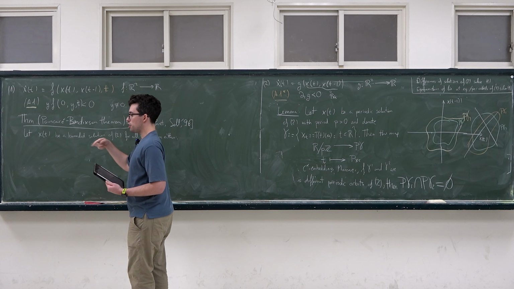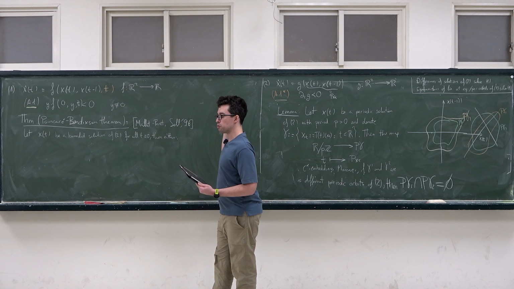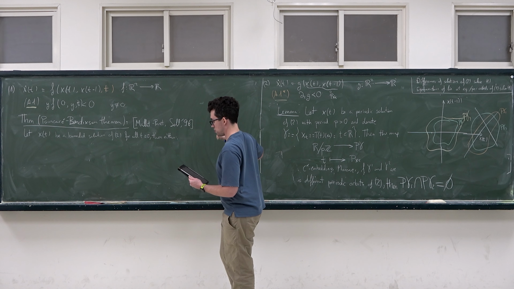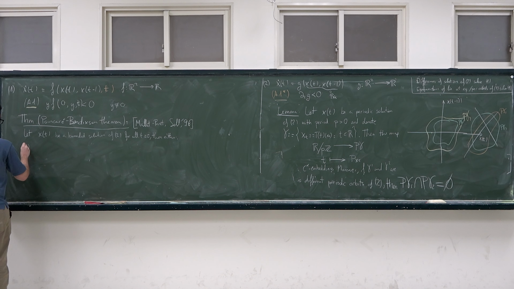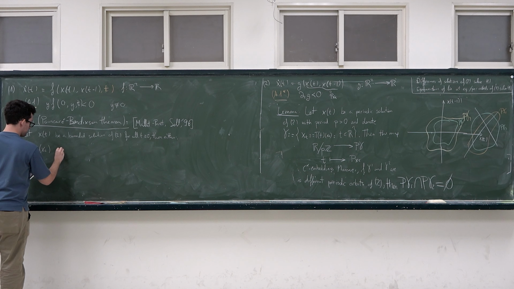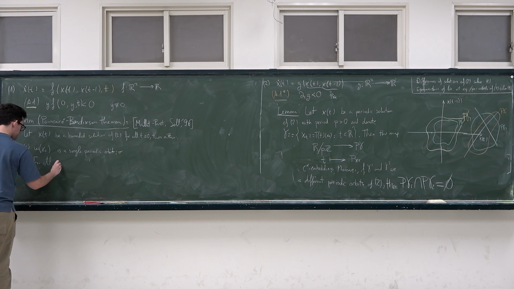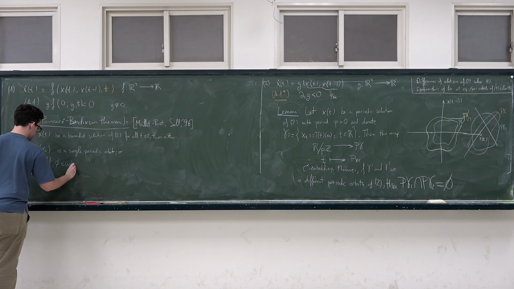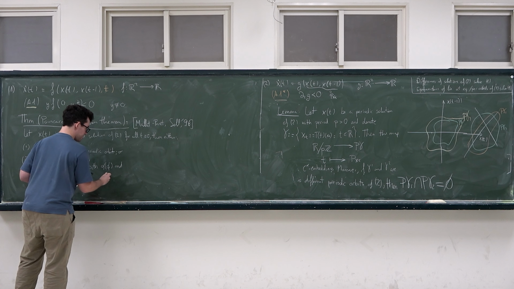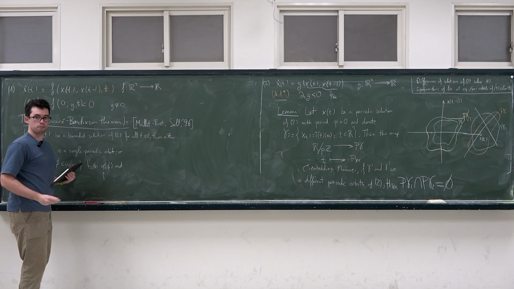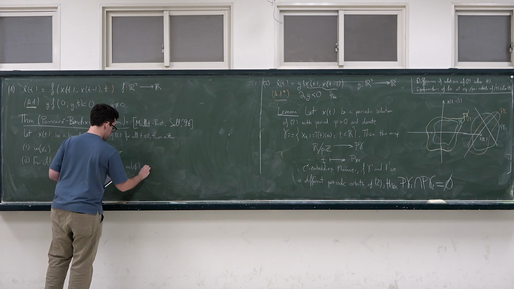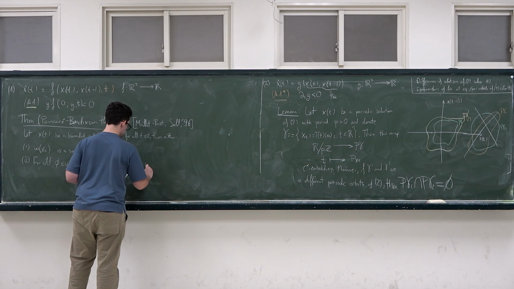So if I pick an initial condition and I look at the solution of the DDE for this initial condition, then either 1, omega(x0) is a single periodic orbit, or 2, for all phi in omega(x0), both alpha(phi), and this is the alpha limit set, which is just the omega limit set but with t_n going to minus infinity, and omega(phi) are equilibria, or belong to the set of equilibria.